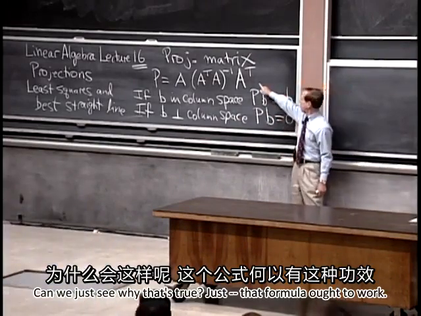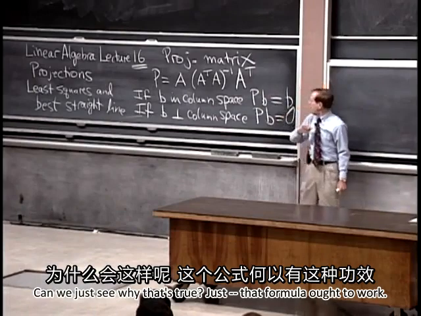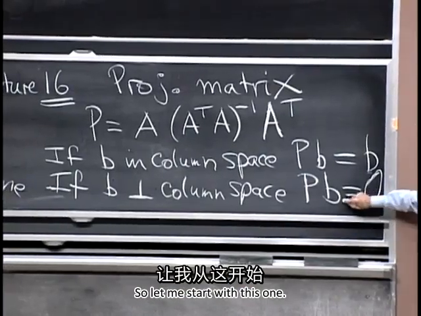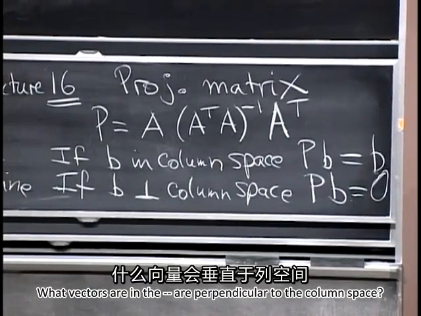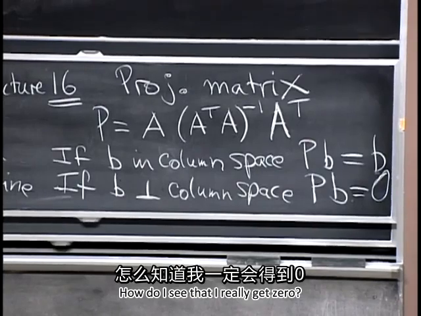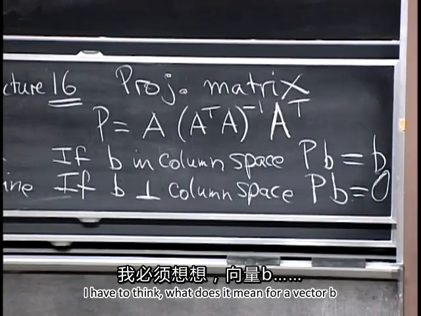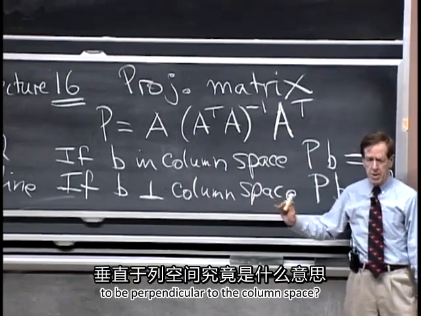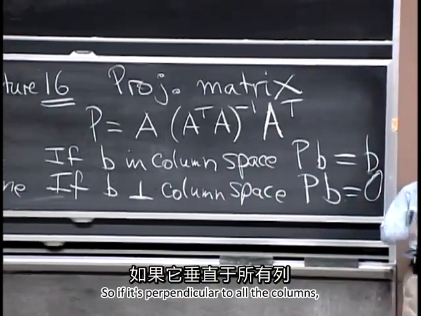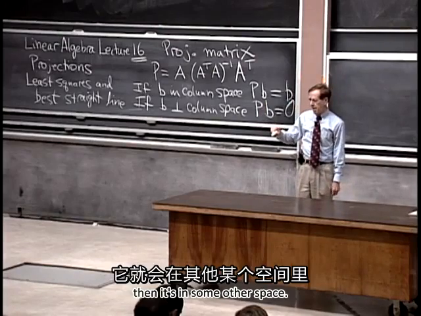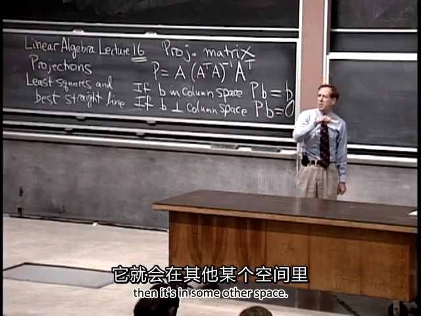Okay, can we just see why that formula ought to work? Let me start with this one. What vectors are perpendicular to the column space? How do I see that I really get 0? I have to think, what does it mean for a vector b to be perpendicular to the column space? If it's perpendicular to all the columns, then it's in some other space.